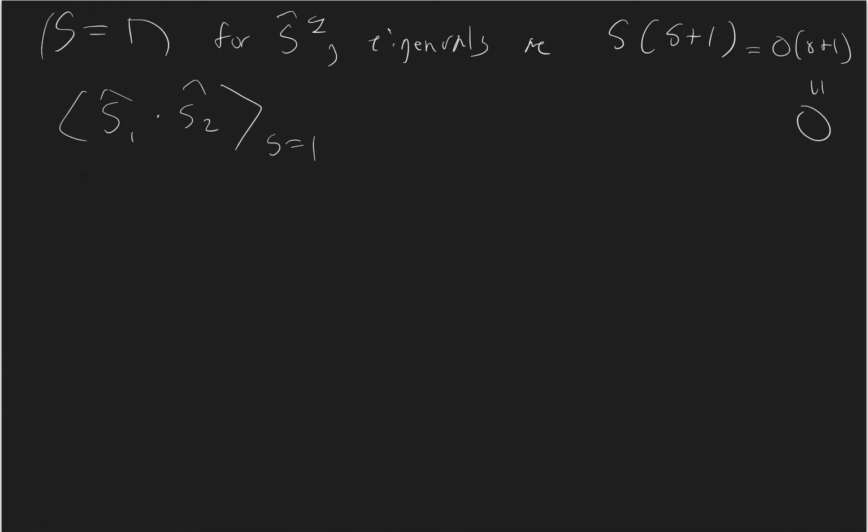The expectation value for the triplet state, where S is equal to 1, is 1/2 of 2 minus 3/4 minus 3/4, remembering that formula we had, and this will just be equal to 1/4. That's the eigenvalue of the scalar product operator.